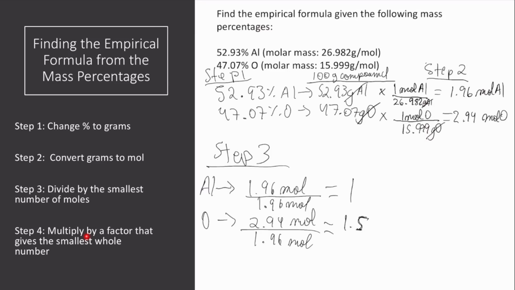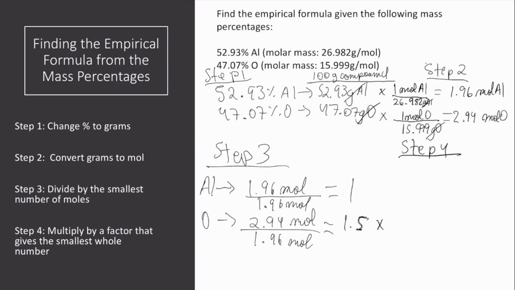And then for the last step, we multiply by a factor that gives us the smallest whole number. So for step 4, the oxygen ratio 1.5 is not a whole number, but the one for aluminum is a whole number. So we have to multiply by the smallest factor that gives us a whole number for both.